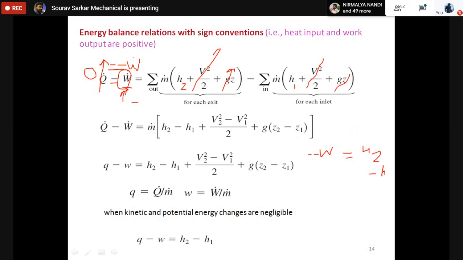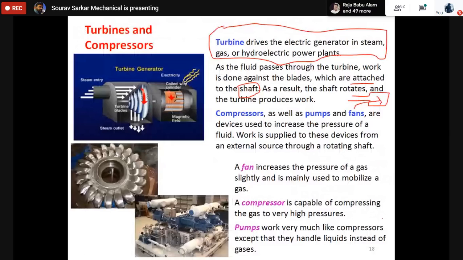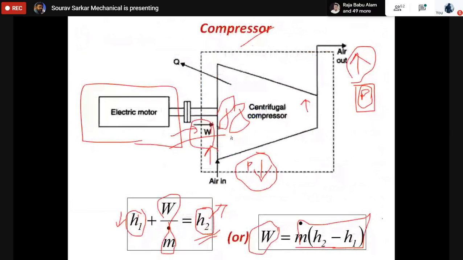Please excuse my mouse work. So finally I am getting W equal to m dot into (H2 minus H1). What I have written here, did you get this?